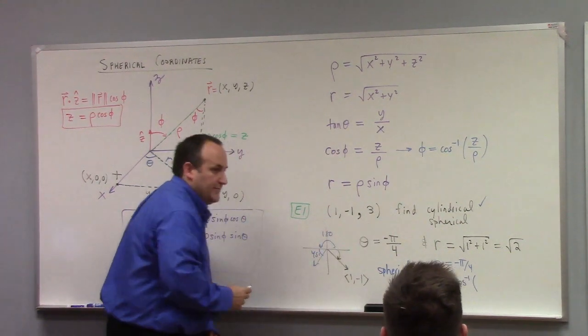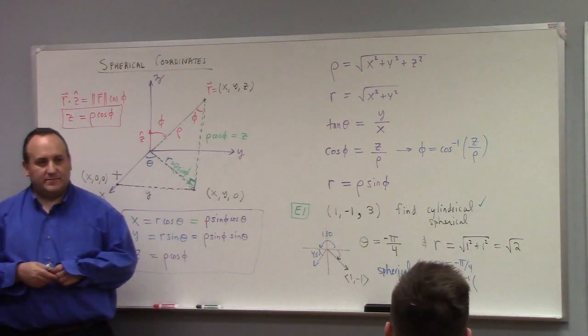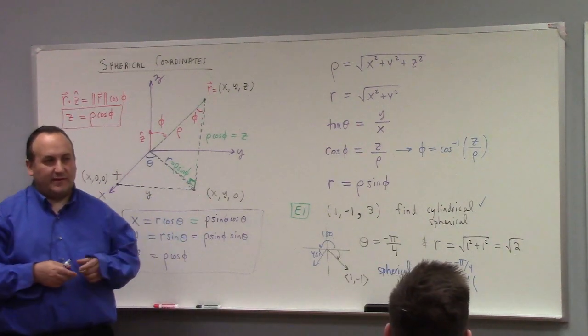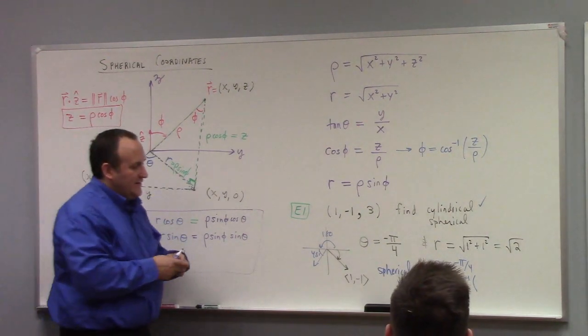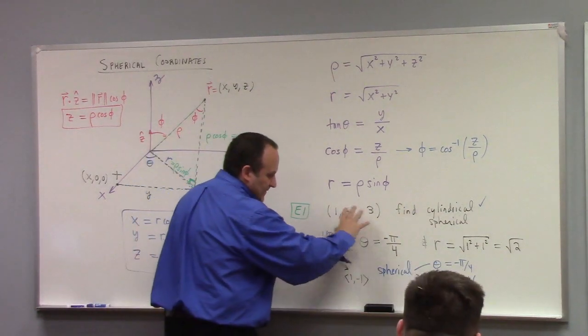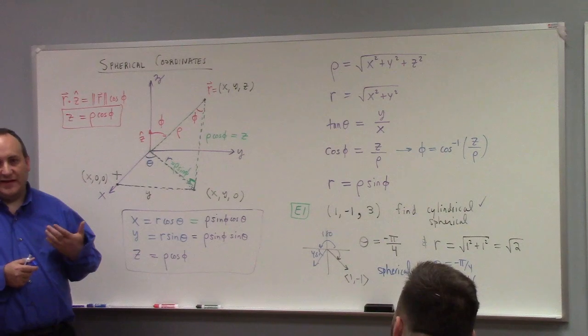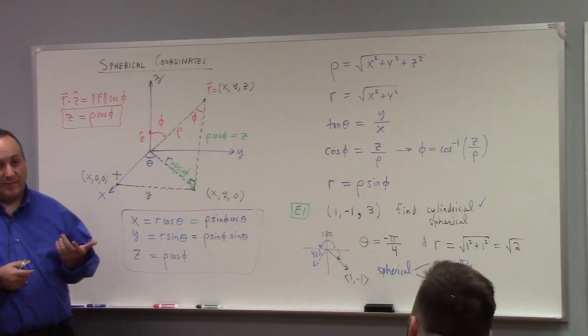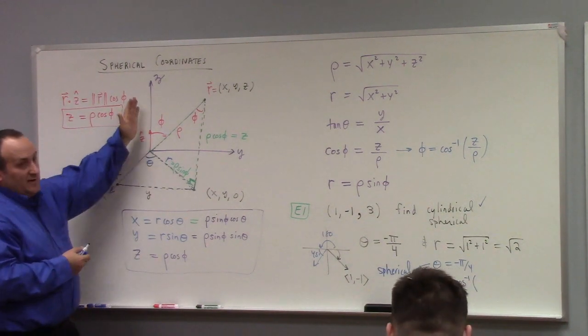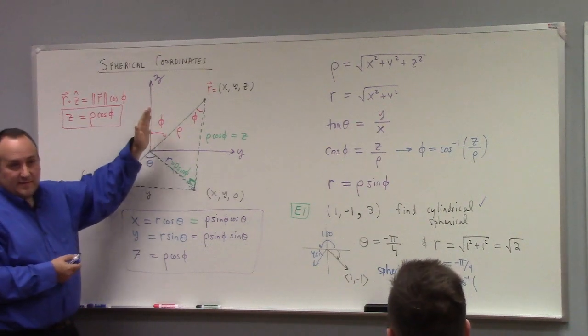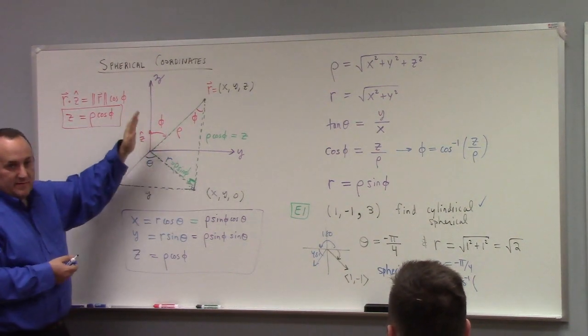The angle of polar coordinates requires analysis; you've got to think about which quadrant you're in. But this angle, the angle off the z-axis, phi as we call it, is much easier.